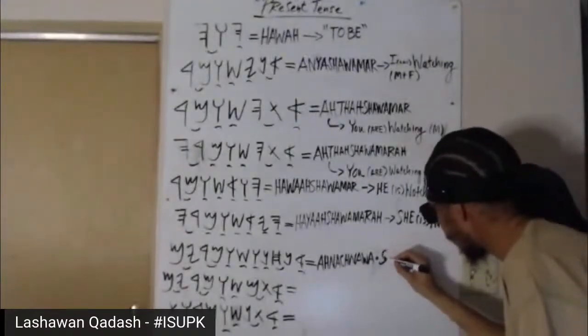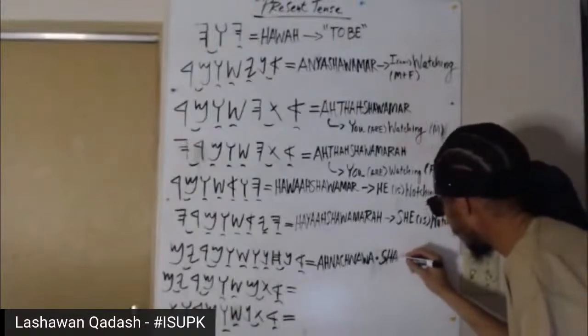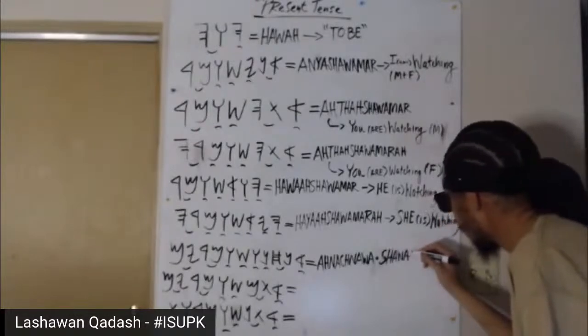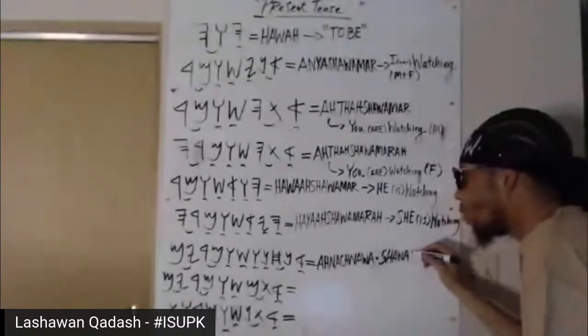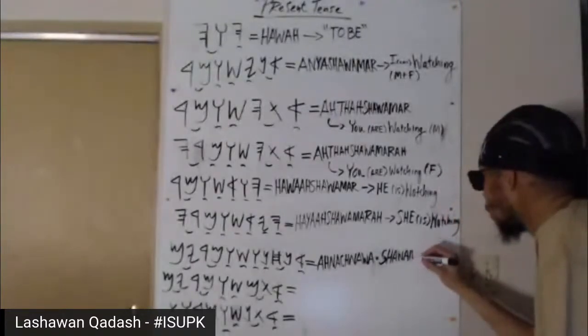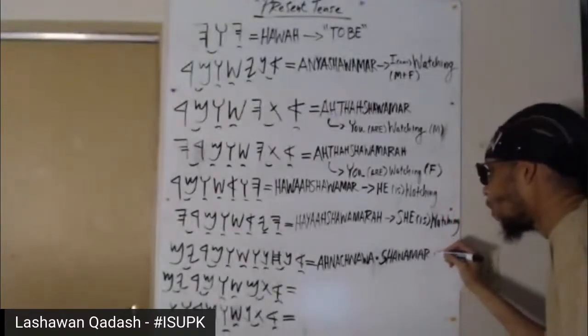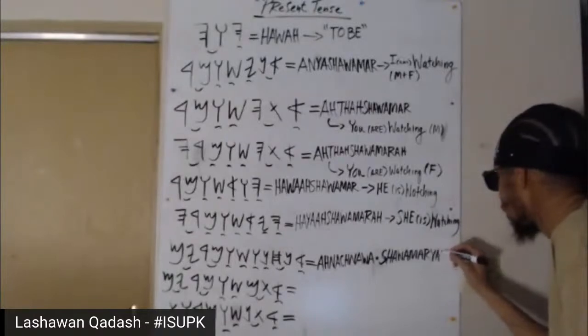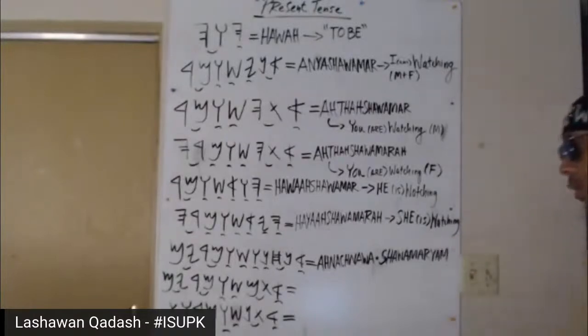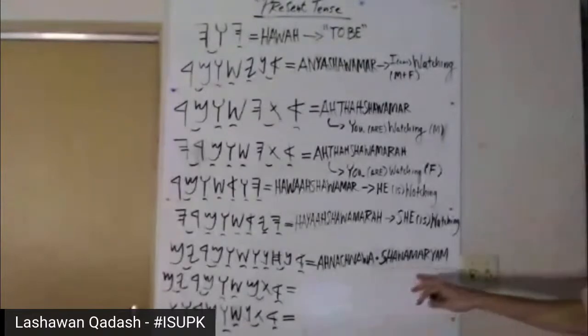Sha, or Sha. Shawa. Mar. Yeah. Boom. Separate it. Anaknawa Shawamari. Shawamari. All right.